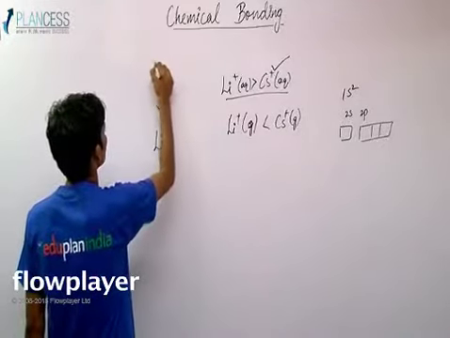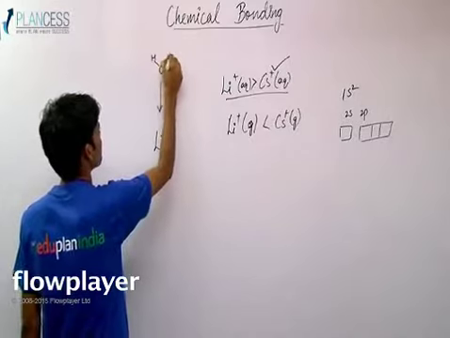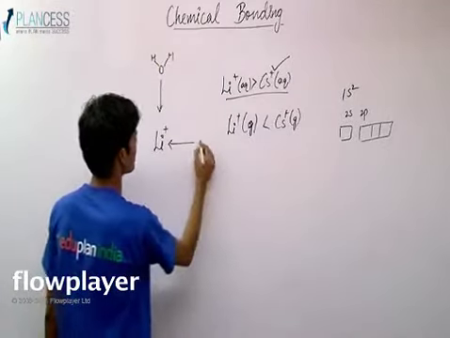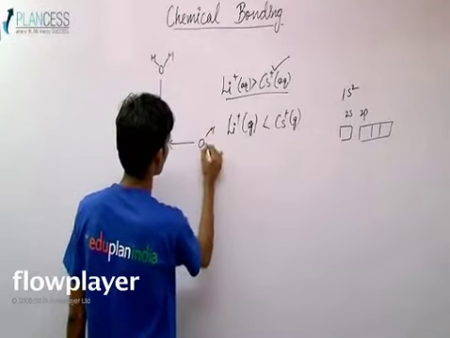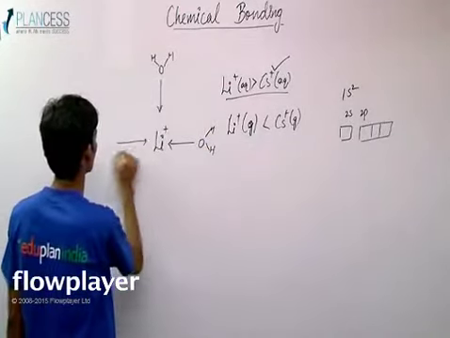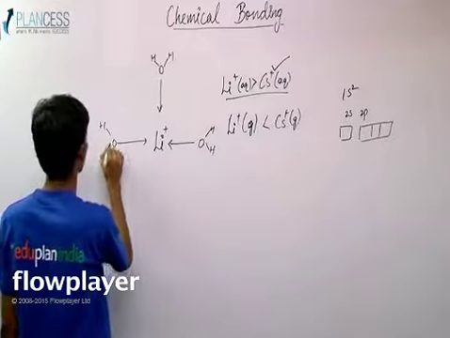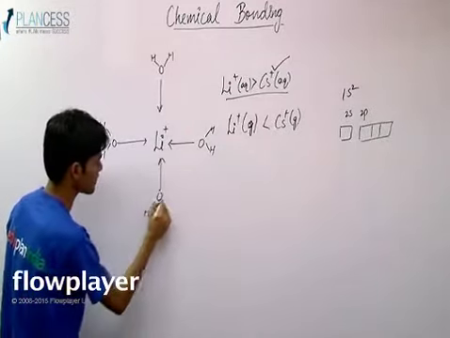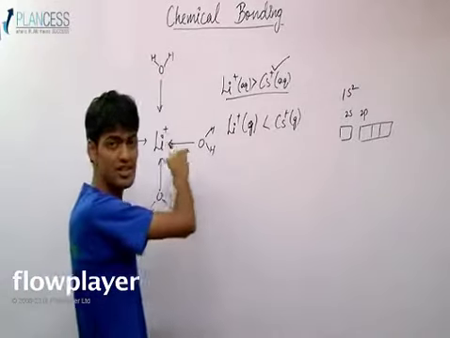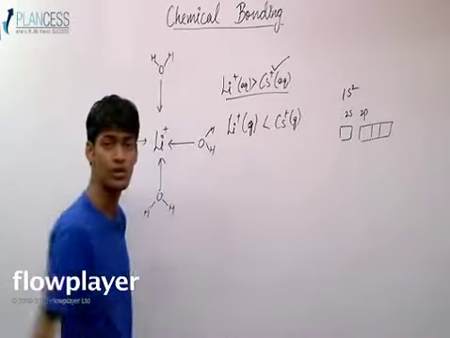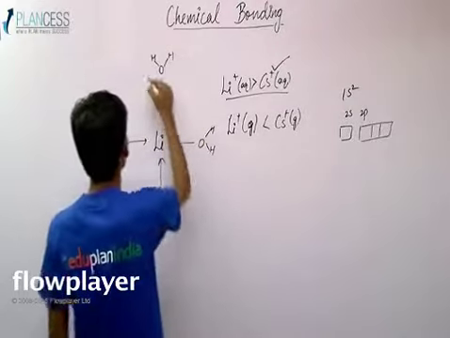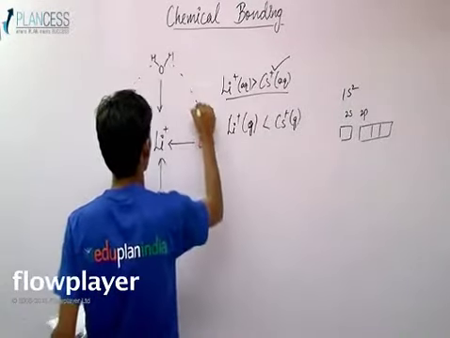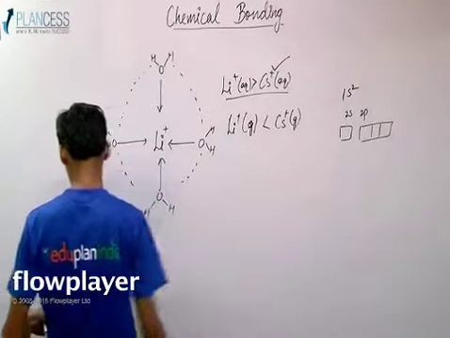H2O has a lone pair. What a lone pair and a bond pair are will be discussed in the later part of this chapter. So Li+ is joined to 4 molecules of water through lone pairs. This forms the primary layer.